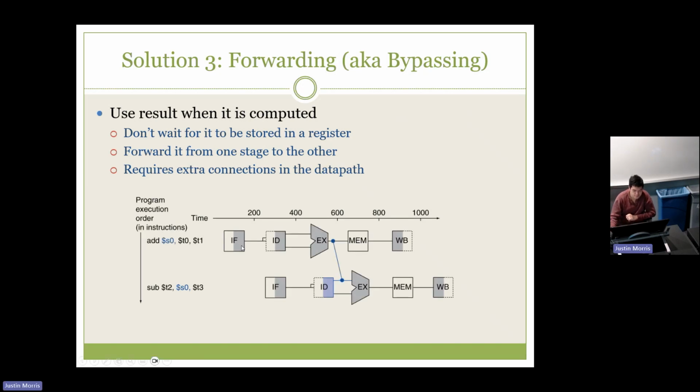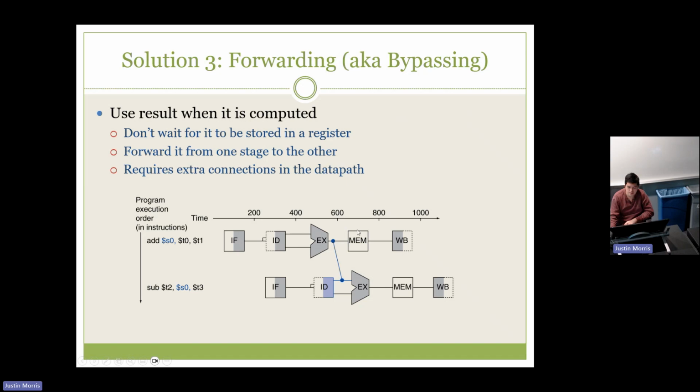So here's our example. We have the add instruction, and the sub instruction is dependent, right? And we have the result from the execute stage stored in the register here between execute and memory, right?